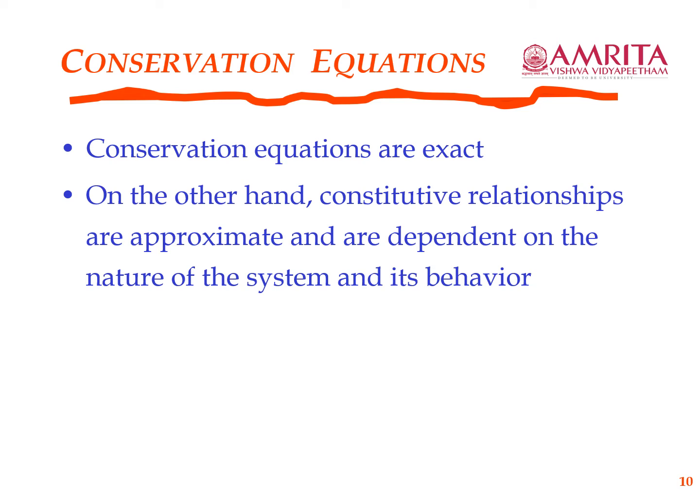Take Fourier's law of heat conduction, for example. The law essentially states that the rate of the physical process called energy transport by conduction is proportional to the temperature gradient across the system. Now, why only temperature gradient? Why only the first derivative? Why not the second derivative? Why not the third derivative, and so on and so forth?